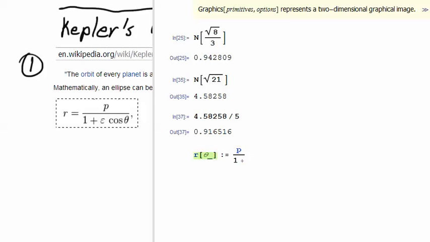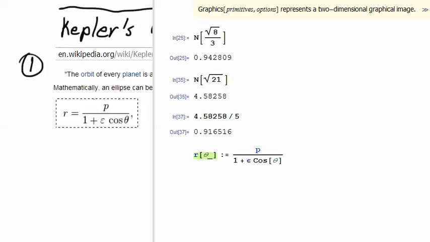It's a different epsilon, but just use epsilon.